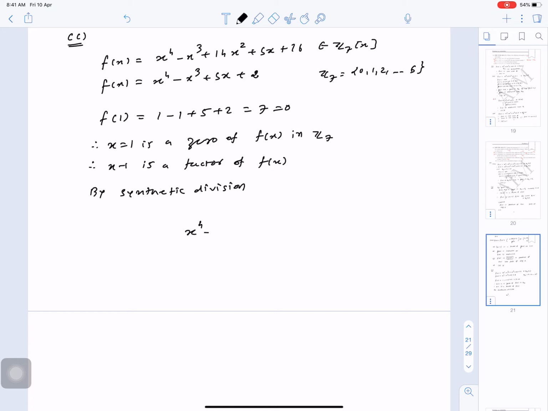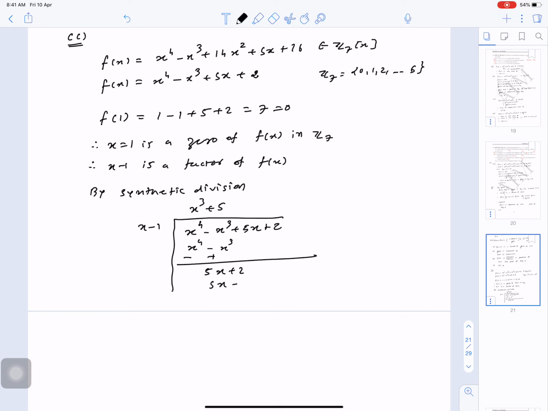Let me try. x raised to 4 minus x cube plus 5x plus 2 divided by x minus 1. So x cube, so x raised to 4 minus x cube, and both will be cancelled, it gives me 5x plus 2, and plus 5 gives me 5x minus 5, so it gives me 7, and 7 means it is 0.